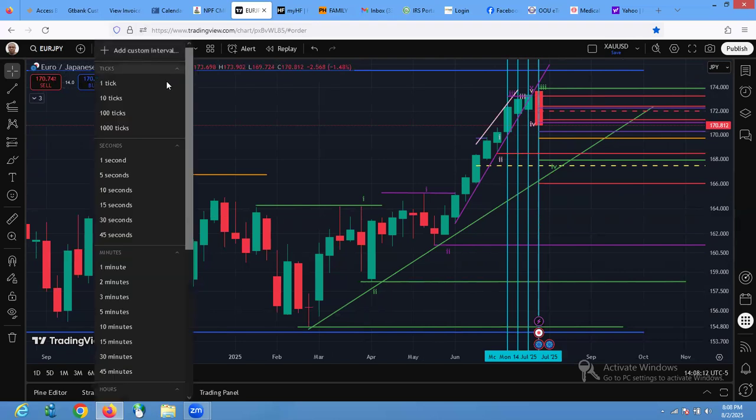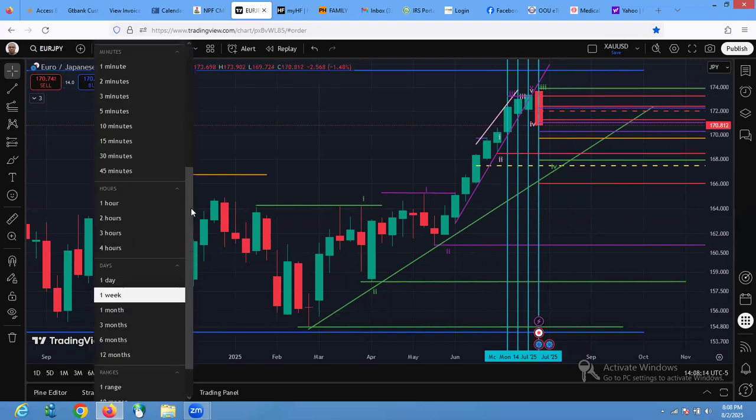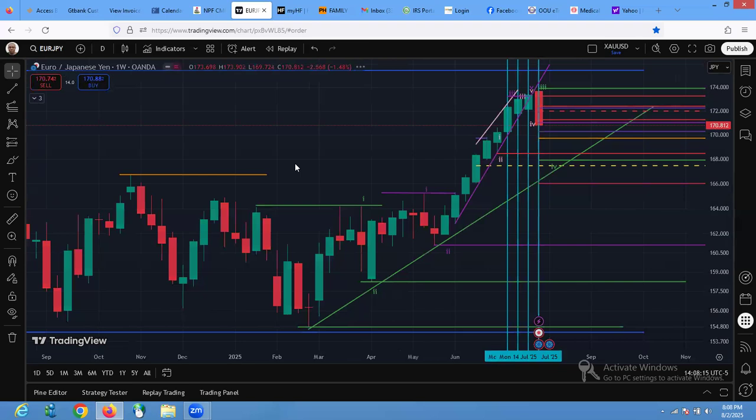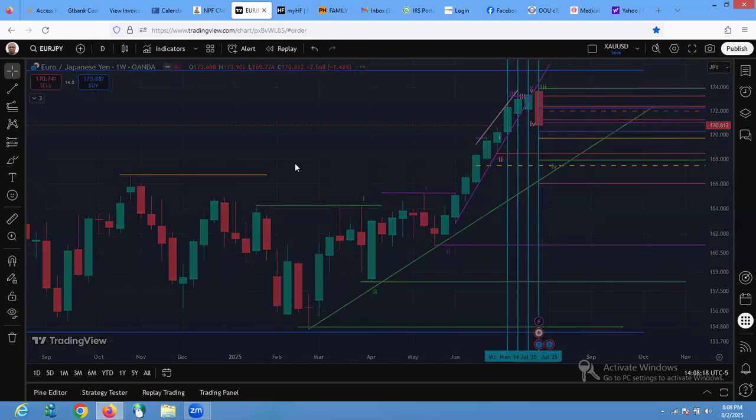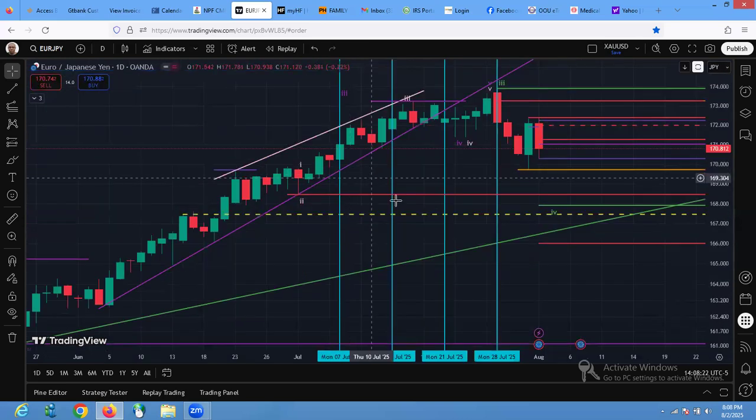On the daily time frame, what do we see? Now we are seeing this may have completed a wave A. If this would not break the top again, we may be coming to the downside. This is the first move. Then we'll see more correction.